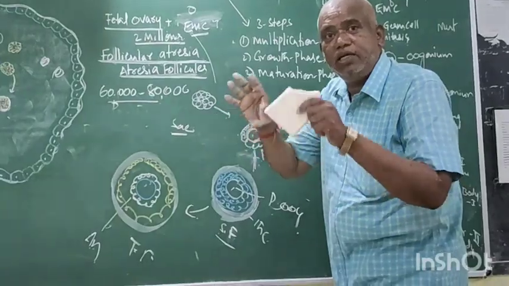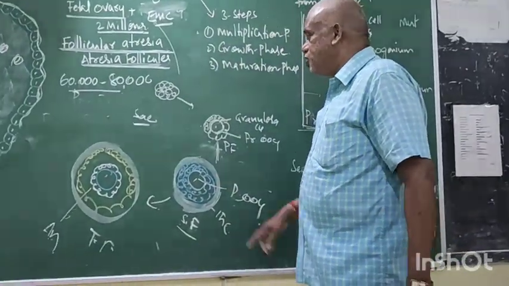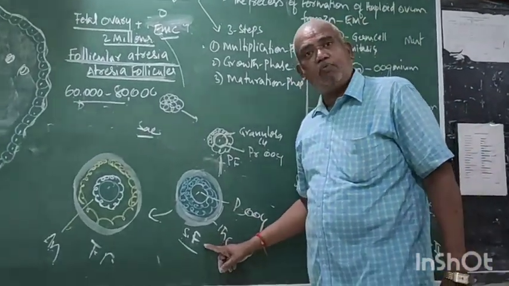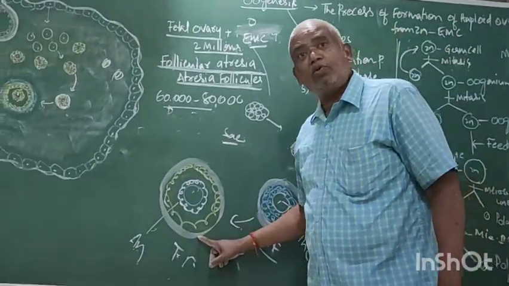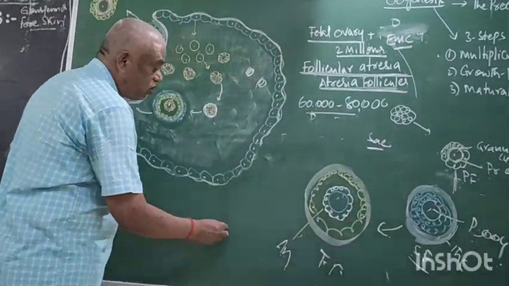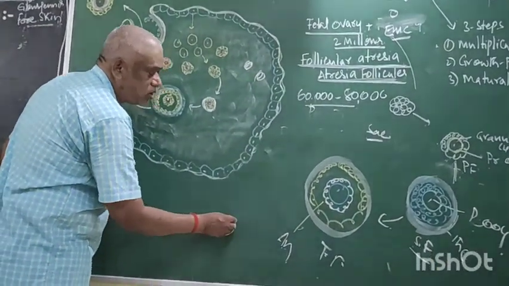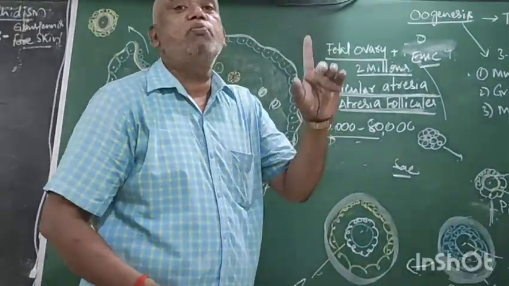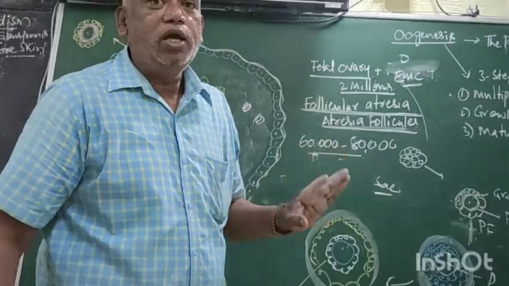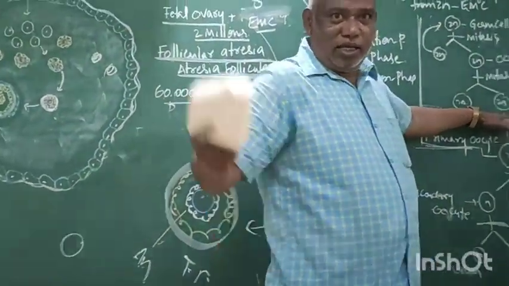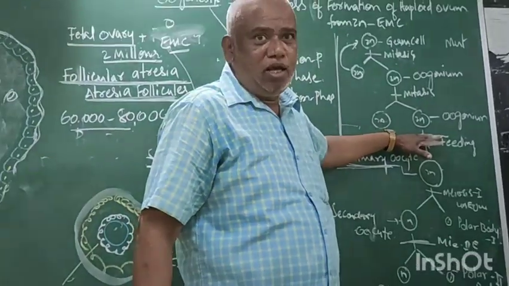The primary follicle takes rest. Then this primary follicle is converted into secondary follicle. Secondary follicle is converted into tertiary follicle. Tertiary follicle is converted into Graafian follicle or mature follicle. This conversion is at puberty. That means initial oogenesis is in the fetus.